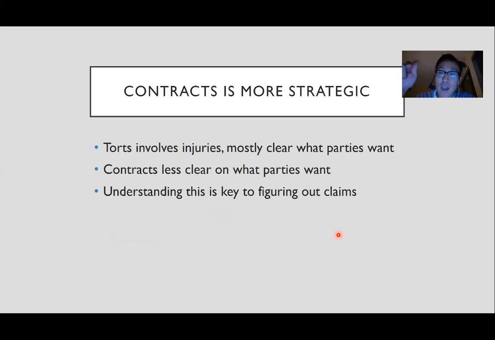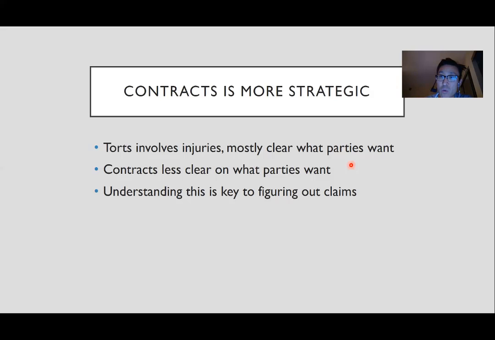So I think I said a lot of this already, but contracts is quite strategic. Torts involves discrete injuries that usually it's very hard to identify claims if you can't identify the injury. So it's much more clear what parties want or what they would try to do to recover. As I said before, contracts can be quite a bit less clear on what the parties want.